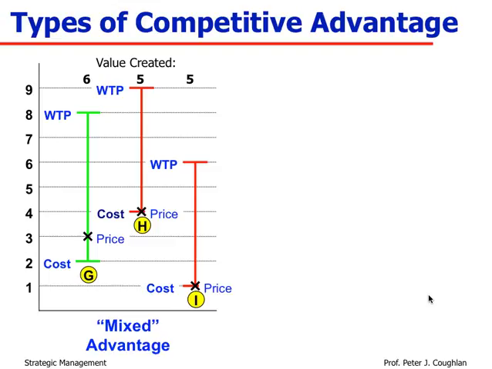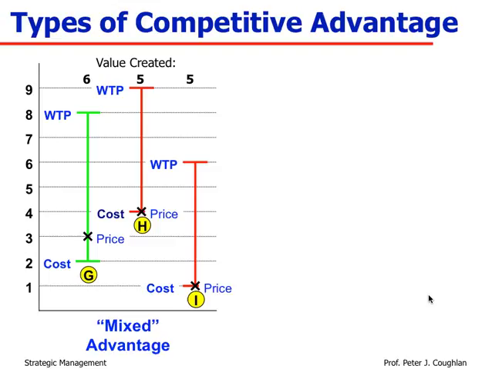And the value created, willingness to pay minus cost, was 6 for firm G, 5 for firm H, and 5 for firm I. In competition, they're each trying to offer the best value capture to the customer, and the customer is going to look at willingness to pay minus price. They're going to keep competing price down to the point where firms H and I can't lower their price anymore.